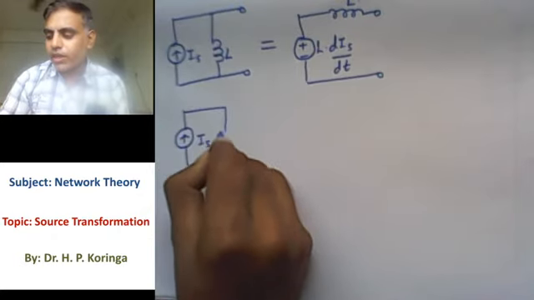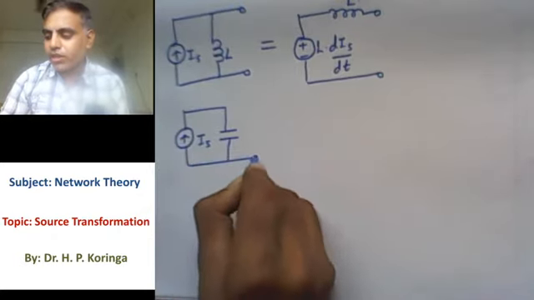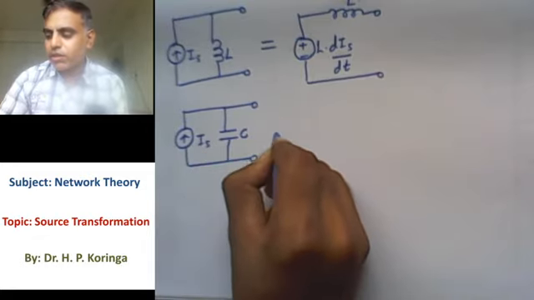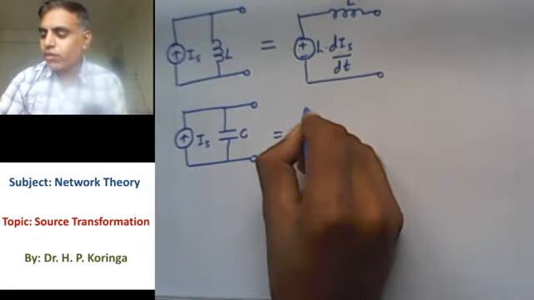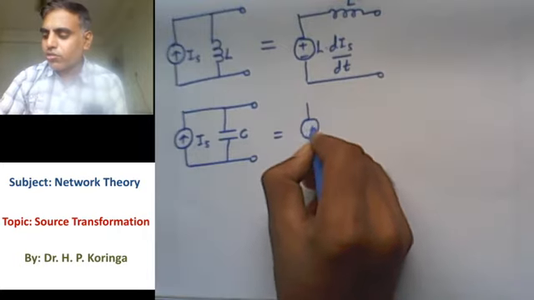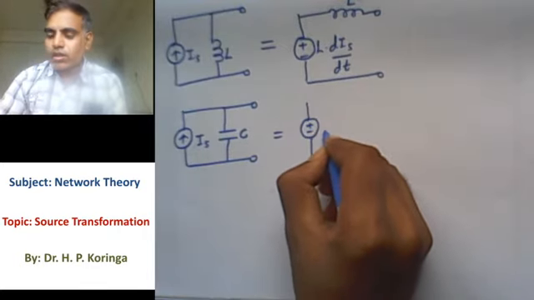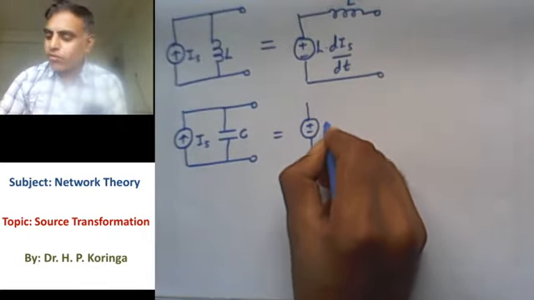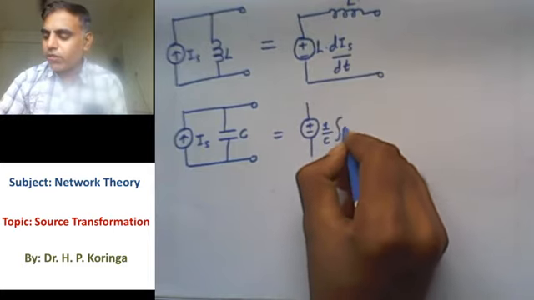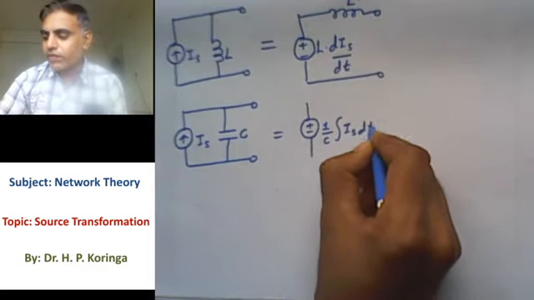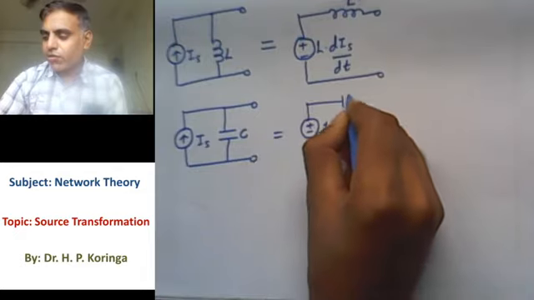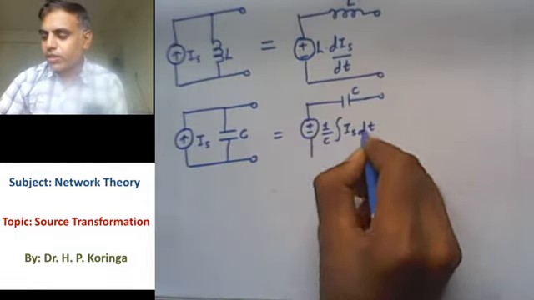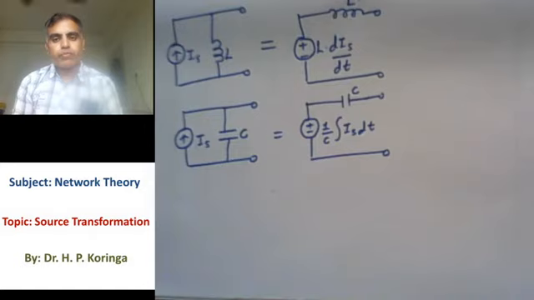Now similarly for the current source having a capacitive internal impedance, when we convert into the equivalent voltage source, in the voltage source the voltage across the capacitor is 1 upon C integration of I dt. And the same value capacitor we have to connect in series in the voltage source. Right.